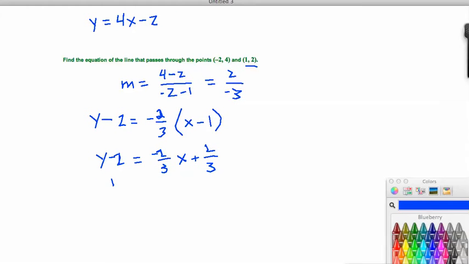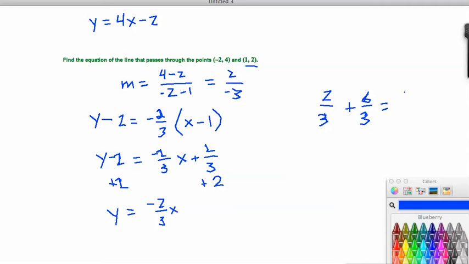And then we just add 2 to both sides. So we've got y equals negative 2/3 x, and then 2/3 plus 2, if we find a common denominator, is the same thing as 2/3 plus 6/3.